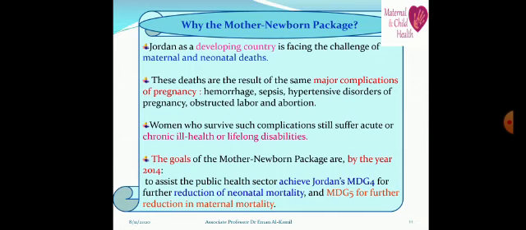The main goal for the mother newborn package is the reduction in neonatal mortality, which is Millennium Developmental Goal number 4, and we have already discussed the Millennium Developmental Goals. Goal number 4 is the reduction in neonatal mortality, and also the achievement of Millennium Developmental Goal number 5, which is further reduction in maternal mortality.